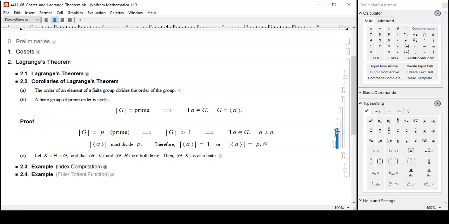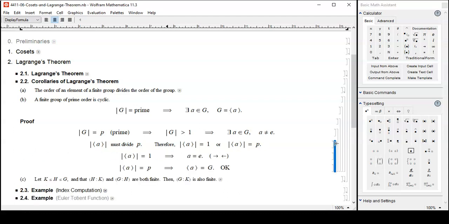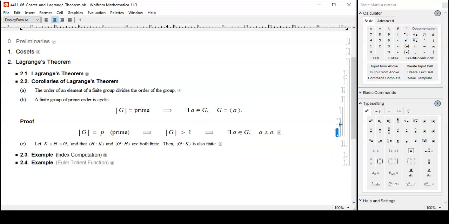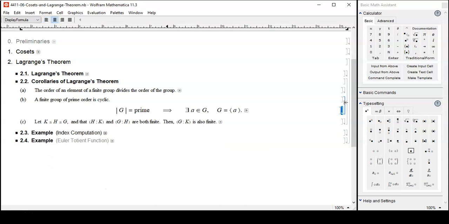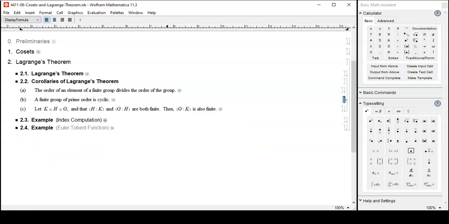So whatever non-trivial element will generate the entire G. Yeah, I went into extreme detail here, but I don't think that's really necessary. If you really want to be precise, go ahead and follow everything.